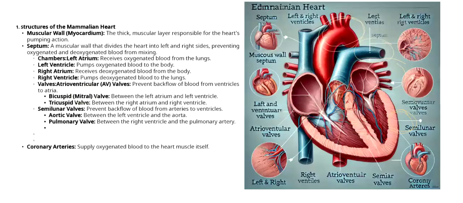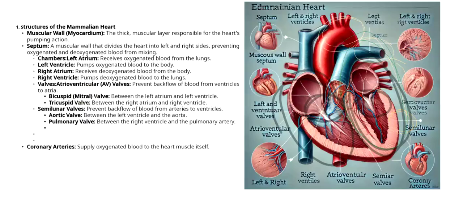The left atrium and left ventricle side definitely carries oxygenated blood, and the right side carries deoxygenated blood. And the valves, the tricuspid valve and the bicuspid valve, control the flow of blood. They do not allow the backward flow.